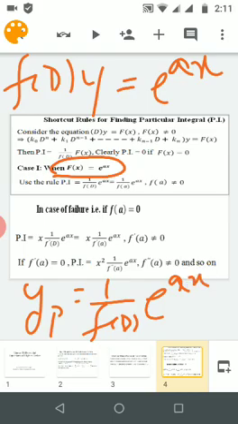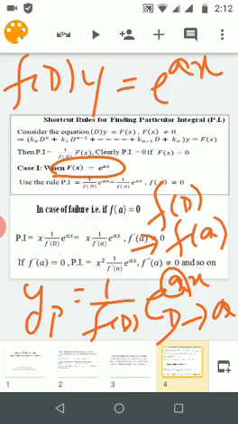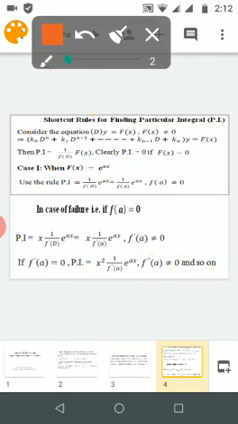Wherever I look at this, I will replace D by a. So f of D will be replaced by f of a. So the answer that you will end up getting is e raised to ax upon f of a. It's very clear. Wherever there is a capital D, I will replace the capital D by a.